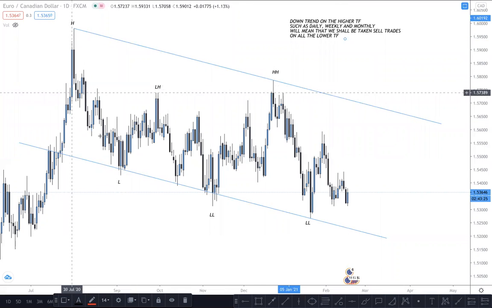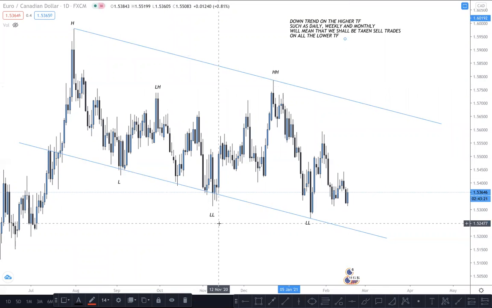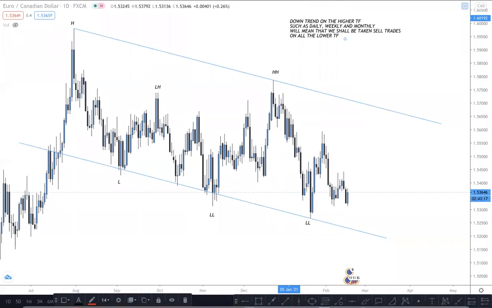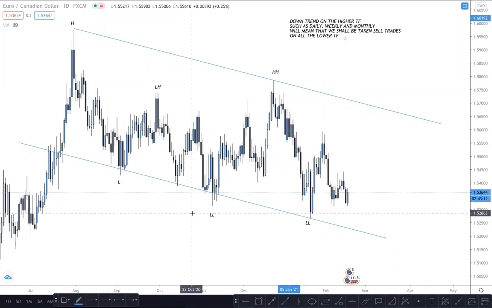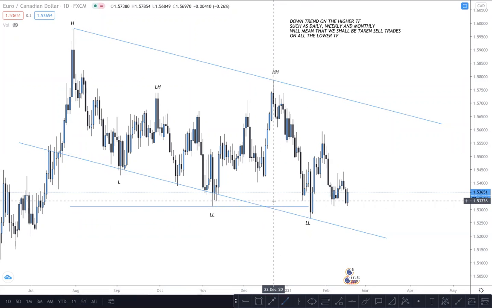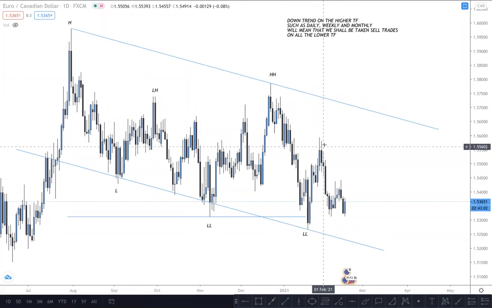So in this case, if we look up here: high, low, lower high, lower low, higher high, and then we created a lower low. There is something very significant that happened around this area, which is this. If you look around here, when we broke below this area, price did something up here.